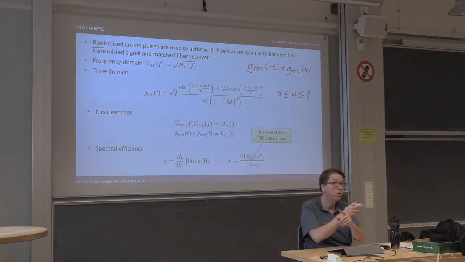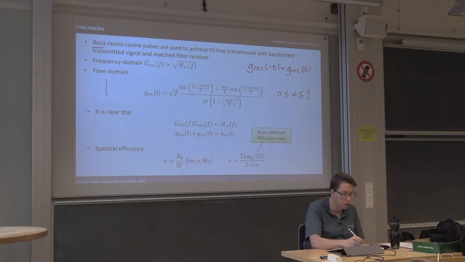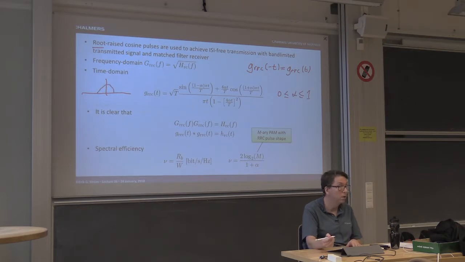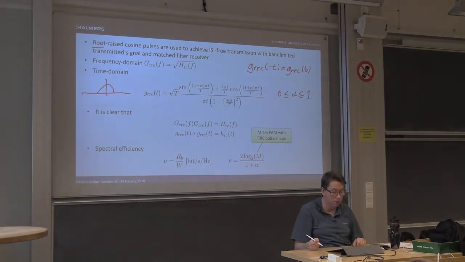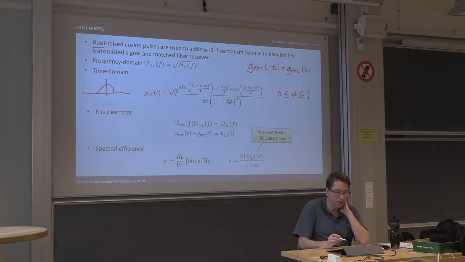So there is no need to time reverse it in this case. That's a very special case, only holds when pulses are symmetrical around T, something like this, right? Then this will work. Flipping it doesn't do anything. Okay, but that's a special case.